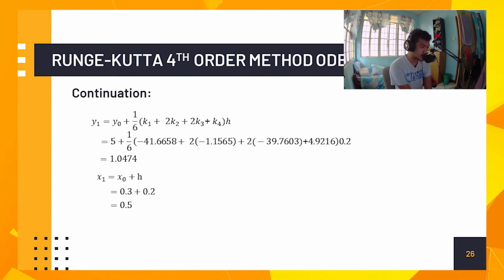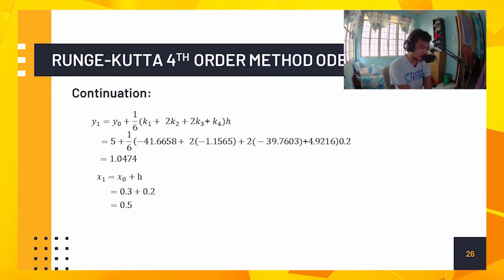Y sub 1, we have the equation of y sub 0 plus 1 over 6 times the quantity of k sub 1 plus 2 k sub 2 plus 2 k sub 3 plus k sub 4 times h. So substituting the values we just solved, we have 5 plus 1 over 6 times the quantity of negative 41.6658 plus 2 times negative 1.1565 plus 2 times negative 39.7603 plus 4.9216 times 0.2.